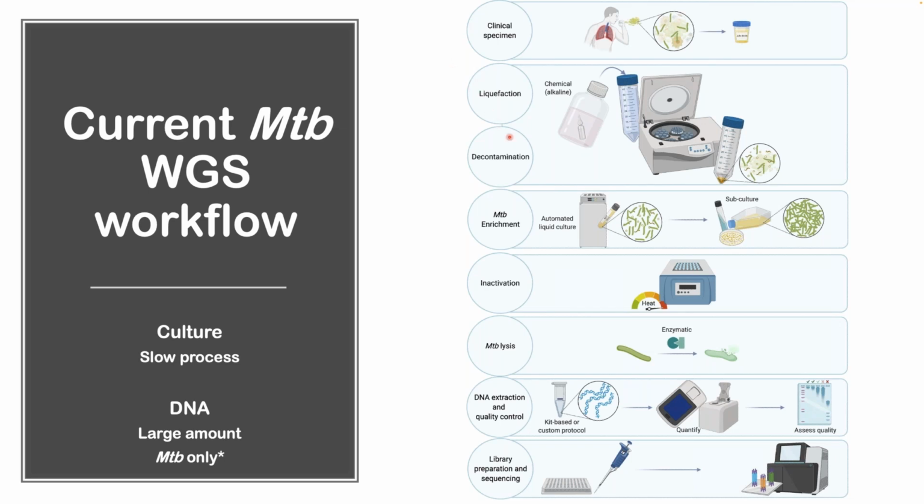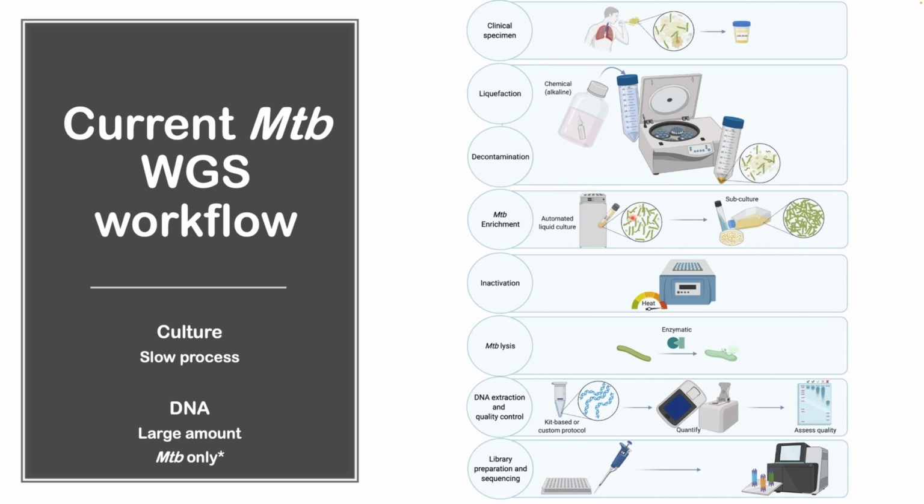This collected sputum sample is liquefied and some of the non-MTB contaminants are then removed in this process. A strong alkaline solution is typically used, we call this NaOH, used to treat the sputum before it's then inoculated into the culture.